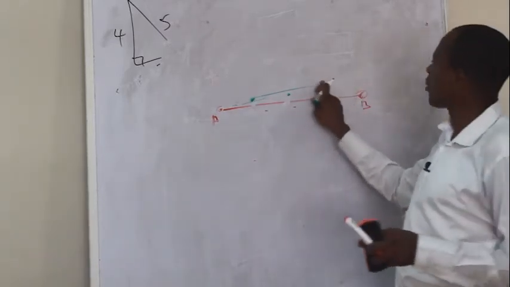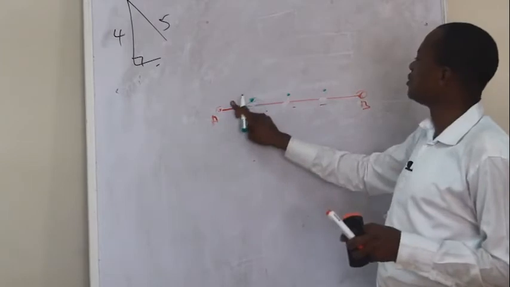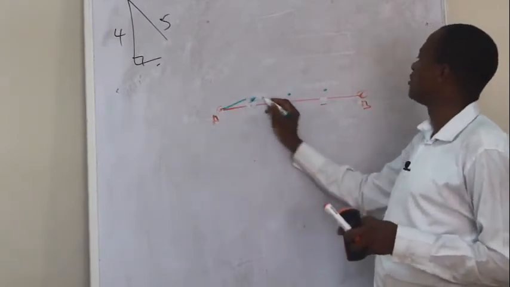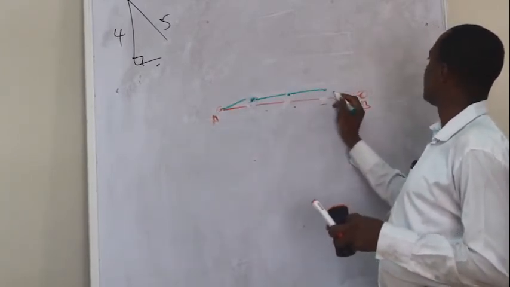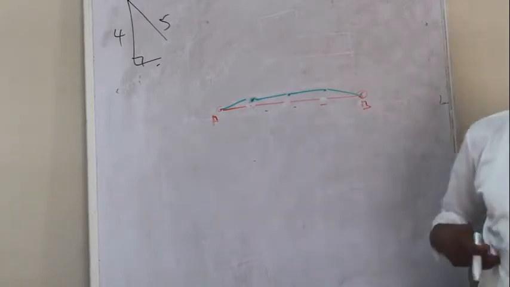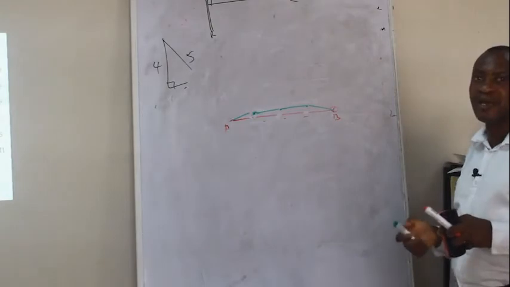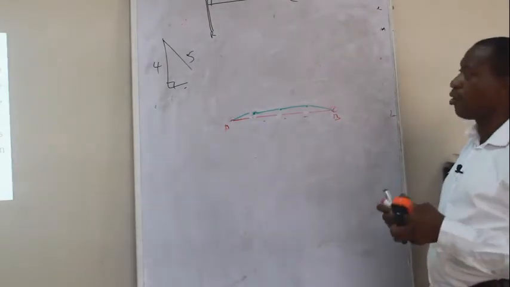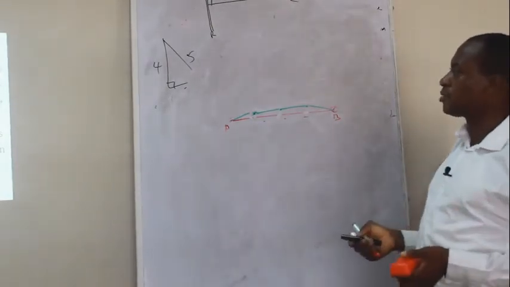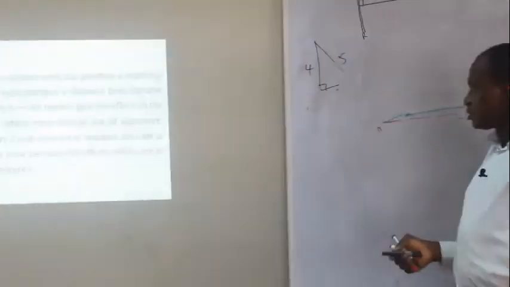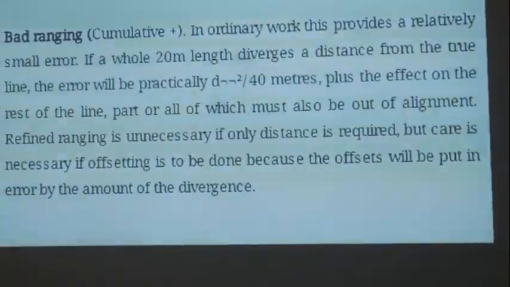So if somebody comes to measure, the person will measure from here to here, from here to here, and come here. That's not a straight line. So due to bad ranging, error can occur in our measurement. So read more about that.